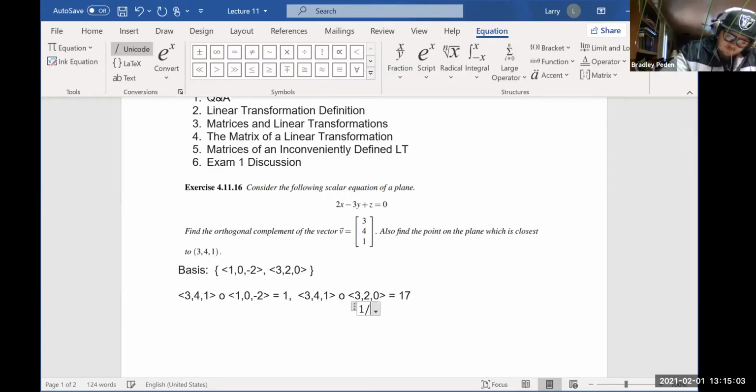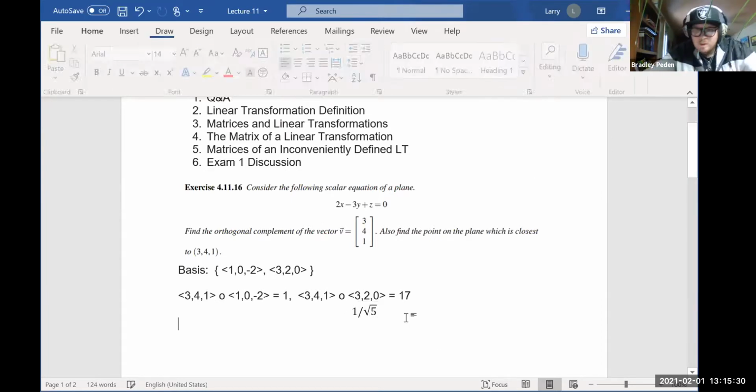So 1 over, and what am I taking? Root 5. The square root of 1 squared plus 0 squared plus 2 squared, which is root 5. So 1 over the square root of 5. Okay, and what do I do with that 1 over the square root of 5?